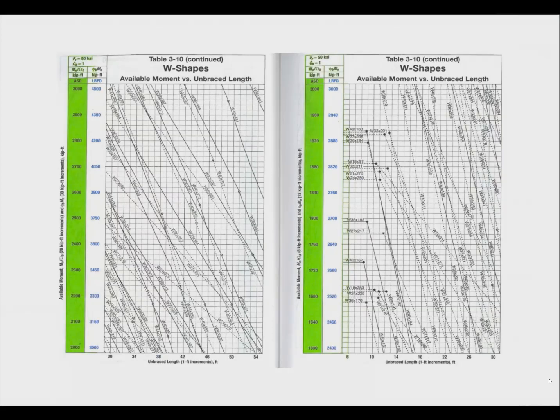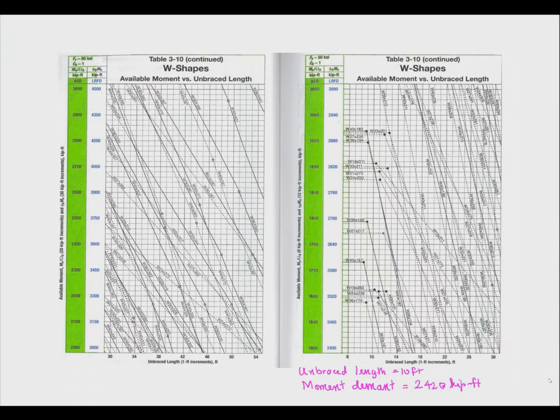More generally, suppose we have an unbraced length of 10 feet, and we wish to find what section will do the job.